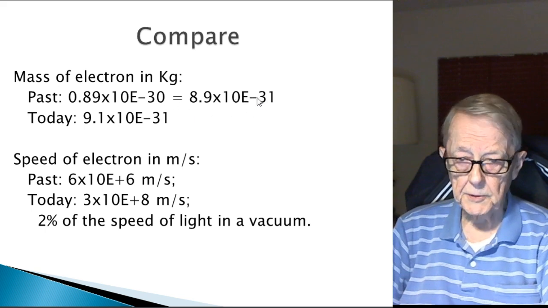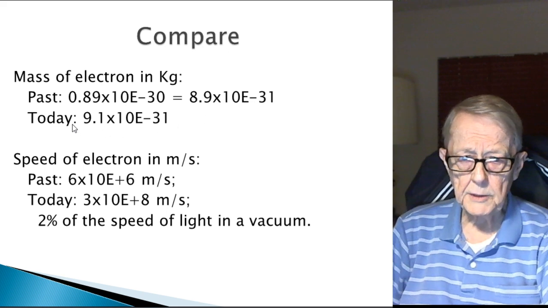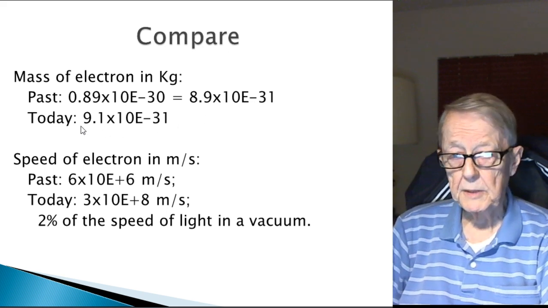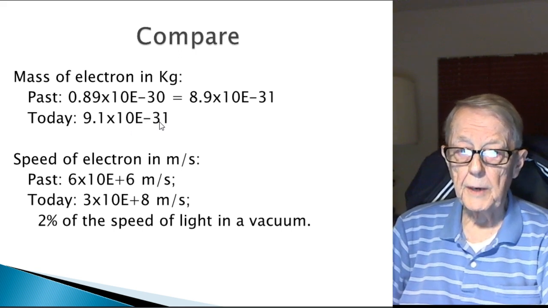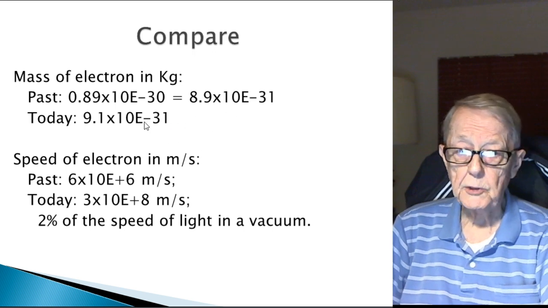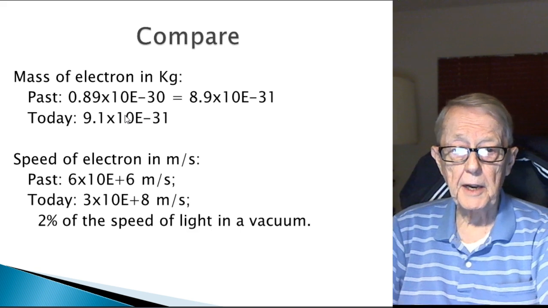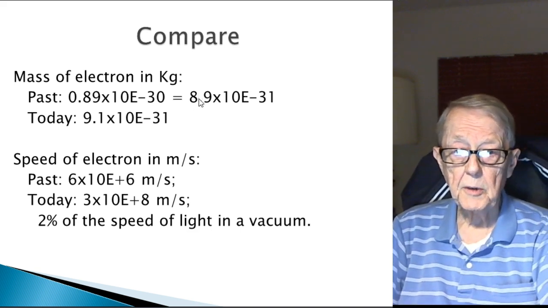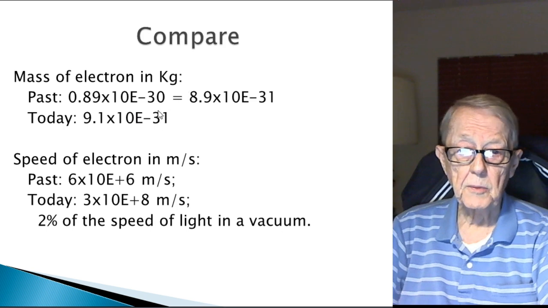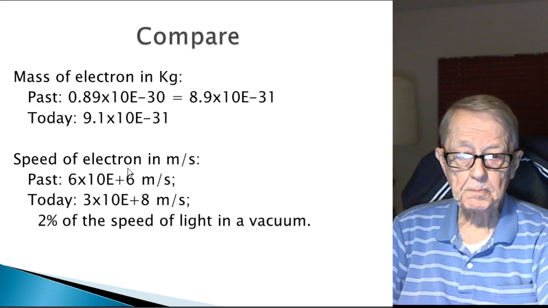Today, if you look it up, it's 9.1 times 10 to the minus 31. Pretty close. So presumably they have better techniques today and get a better answer, but at least when you compare what they did in the past to what they do today, the lady did pretty well.